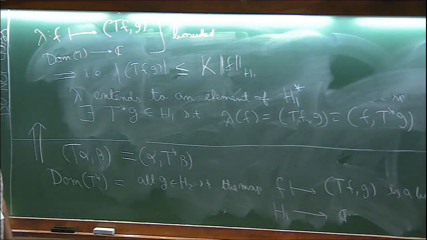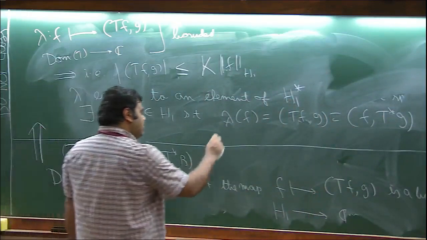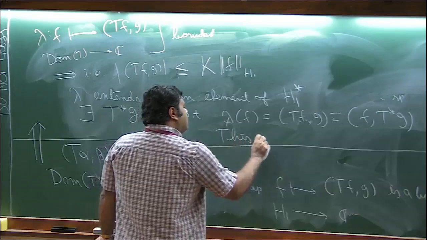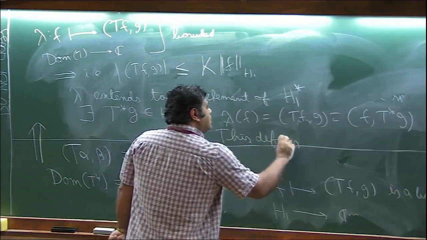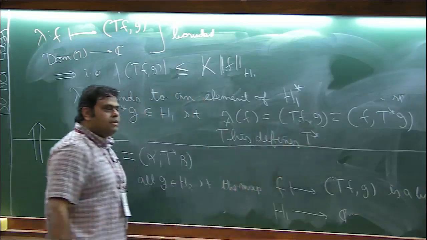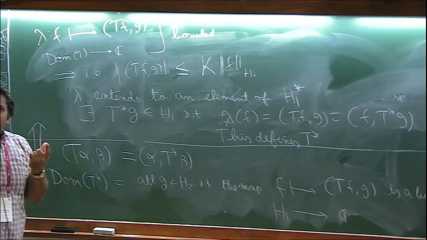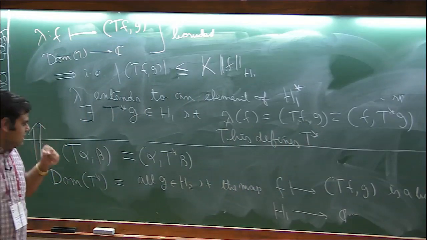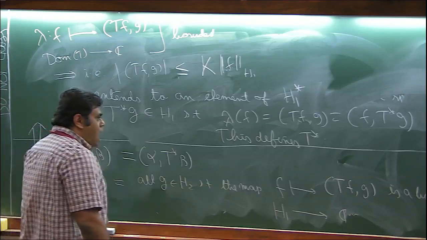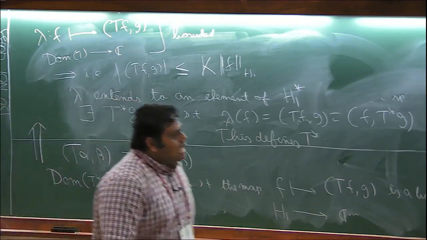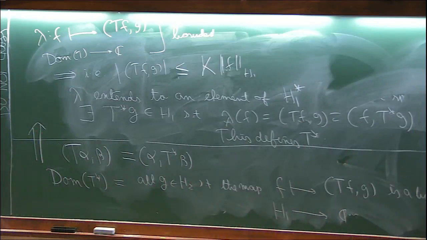And therefore, this defines T star. It's exactly the same definition as for bounded linear operators, except that you have to take care of the domain. Okay. All right. So I think I have explained this lemma, right? What the things mean.